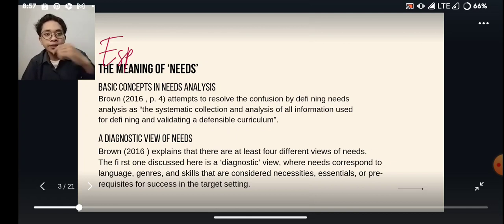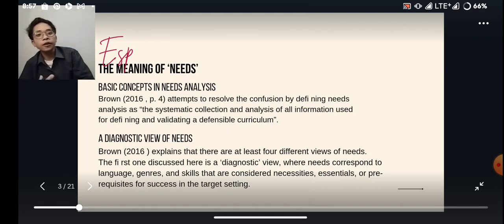As I stated before, Brown stated that needs analysis attempts to resolve the confusion by the systematic collection and analysis of information used for defining and validating a defensible curriculum. And then, in the diagnostic view of needs, Brown explained that there are at least 4 different views of needs.